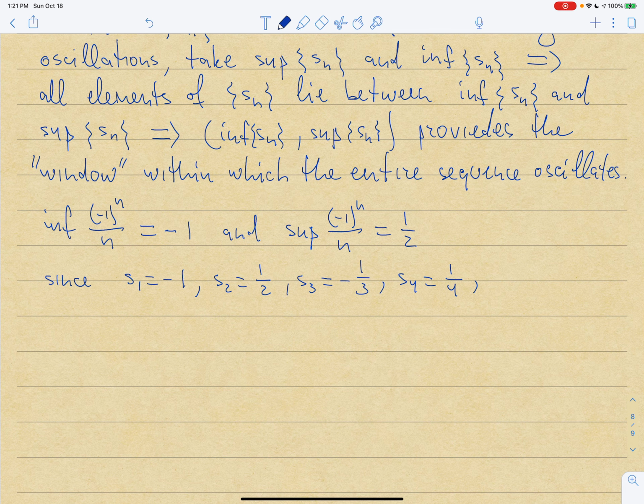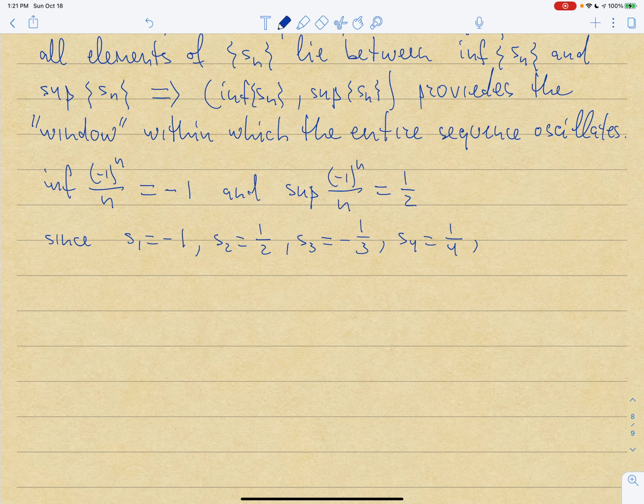So what we're going to try to do: here I'm taking infimum over my set Sn when n is greater or equal than 1, and likewise for the supremum. Once again, if I want to see how things are oscillating at infinity, the size of the first two elements is not very important.